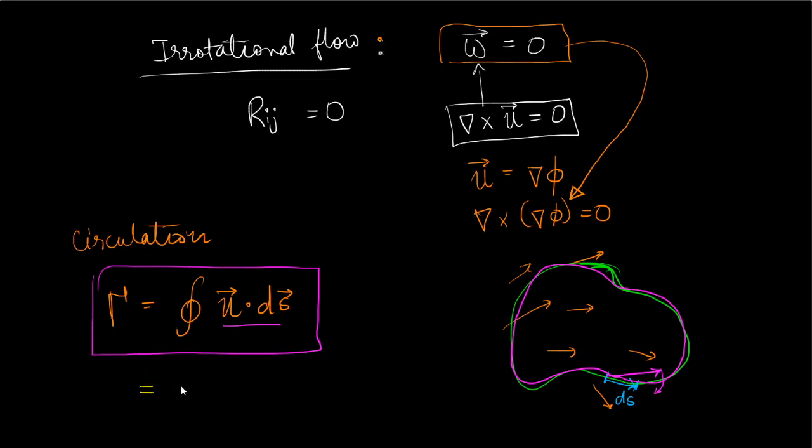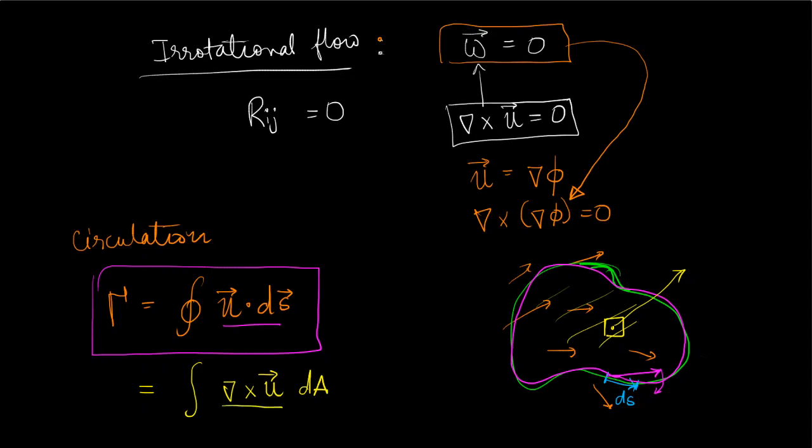It will be the integration of the curl, del cross u, dot n vector dA. So essentially, I have the curve, this dA is over that entire area, and it is the vorticity, that is, it is coming out of the plane.